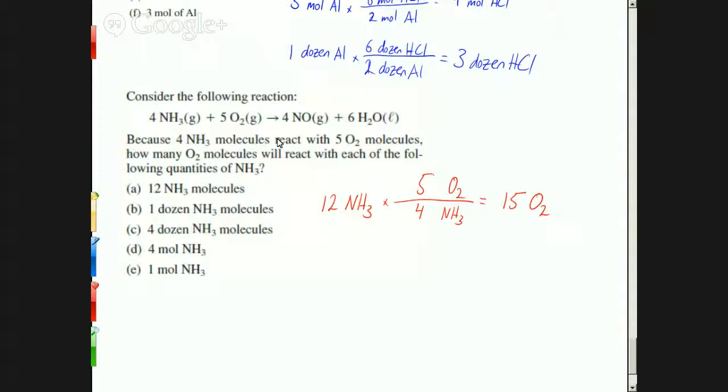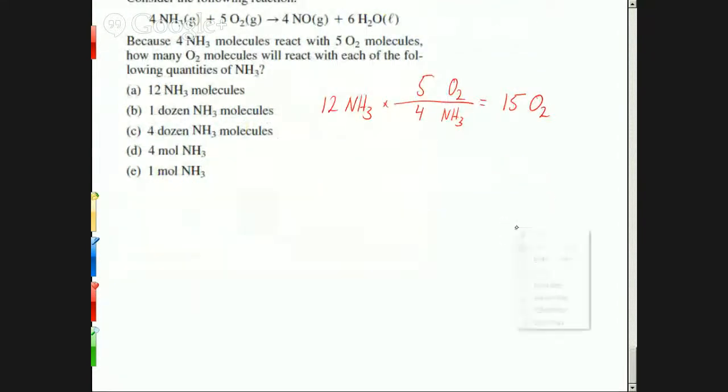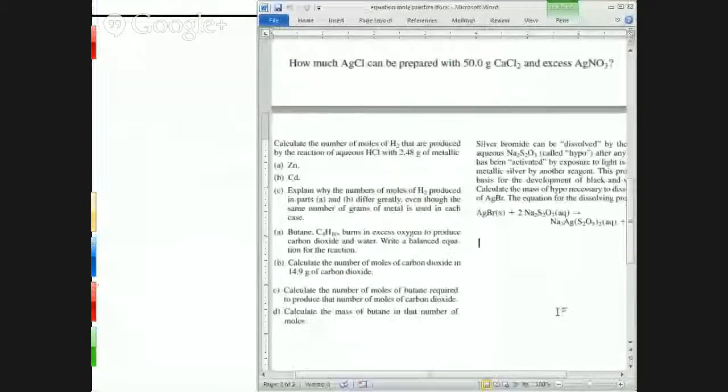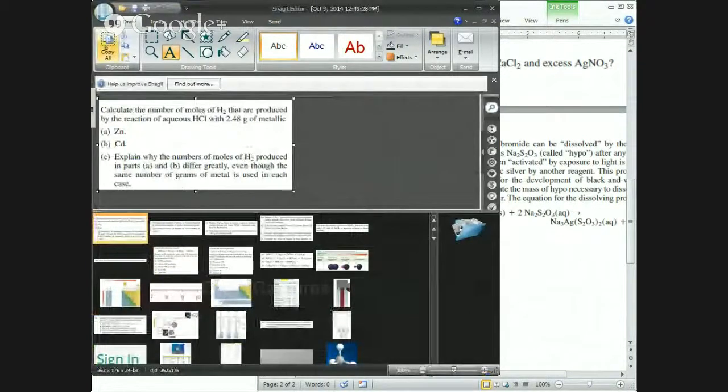Actually, no, we're going to start right at the top, the thing about zinc and cadmium. Here we go. And we're just going to look at the first one for now, but the procedure is the same for the second one.